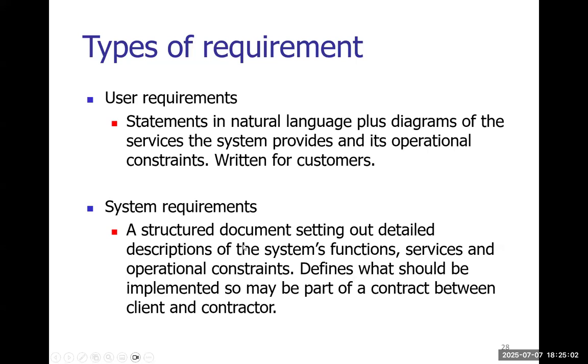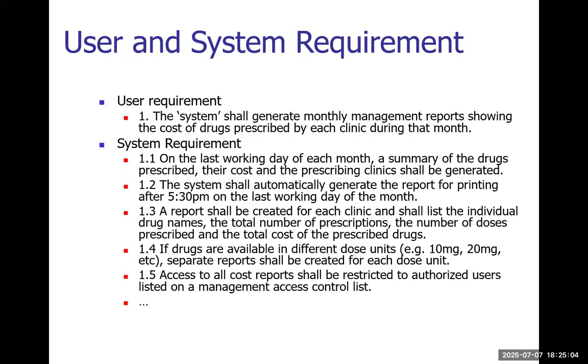So let's look at one example of a user requirement and a system requirement. What's the difference? From the user's point of view, the user may say, I want to design a drug prescription management system. One of the user's requirements is that the system should generate a monthly management report showing the cost of drugs prescribed by each clinic during that month.